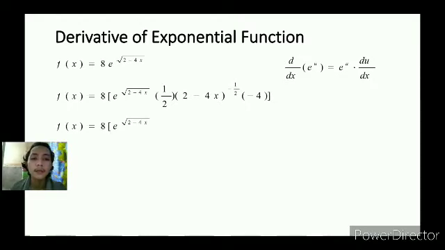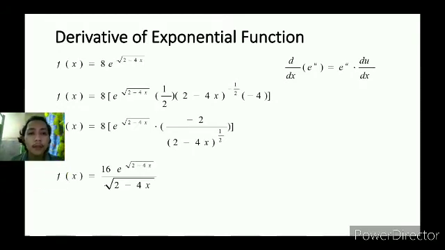F prime of x will now be equal to 8 times e to the power of square root of 2 minus 4x. Just simplify now, and we will have negative 2 over (2 minus 4x) to the power of 1 half.